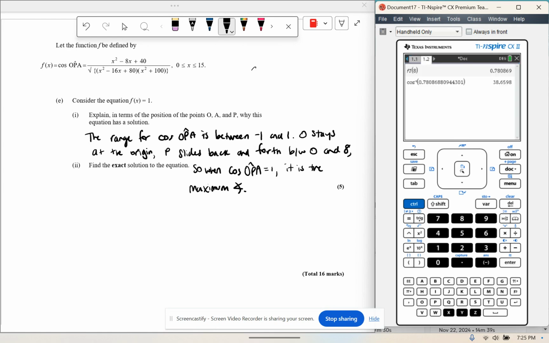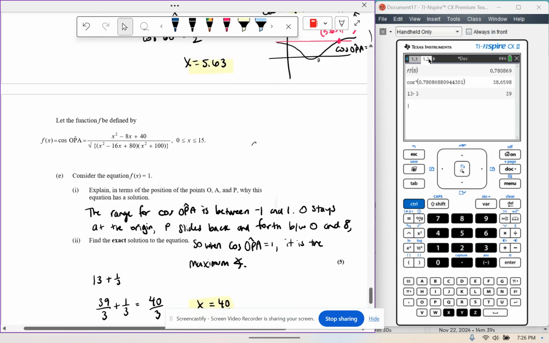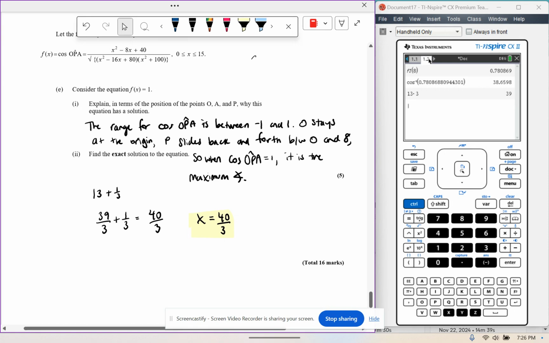That's 13 1/3. Let's rewrite 13 with a denominator of 3, and that's going to look like 40 over 3. So the exact solution is x equals 40 over 3. And 40 over 3 looks like 13.33333, which we found on the graph.